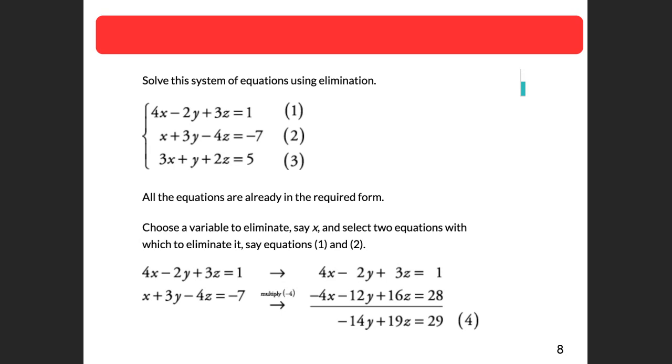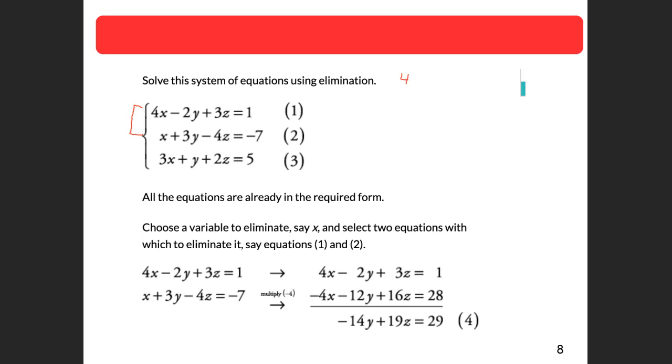I'm just deciding that I'm going to get rid of the x's. It doesn't really matter which I add together, because the x's aren't going to go away on their own. So I'm going to add the first 2 equations together. I'm going to add equation 1 and 2 together.